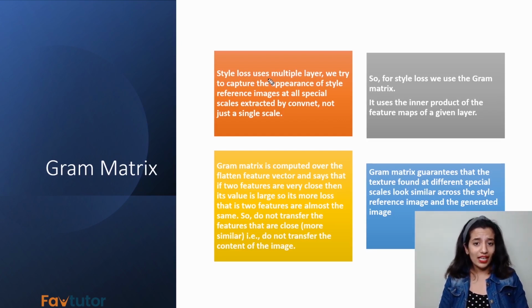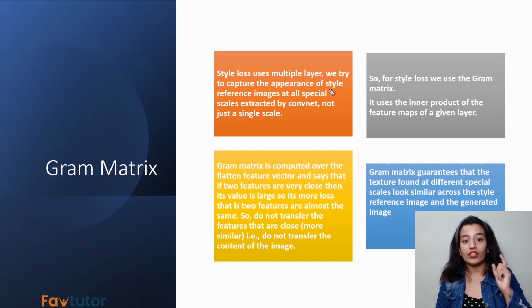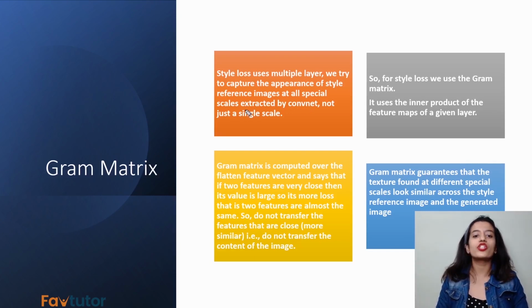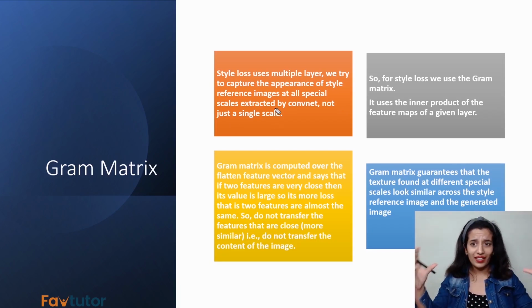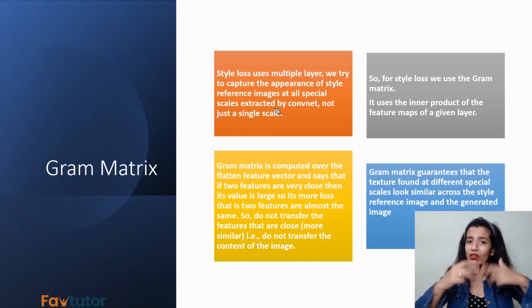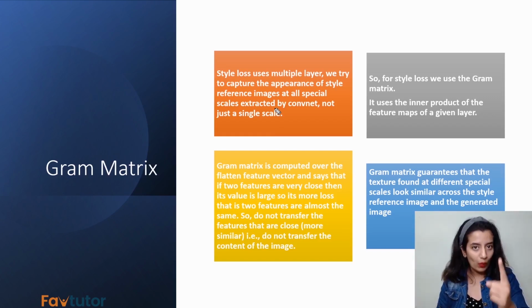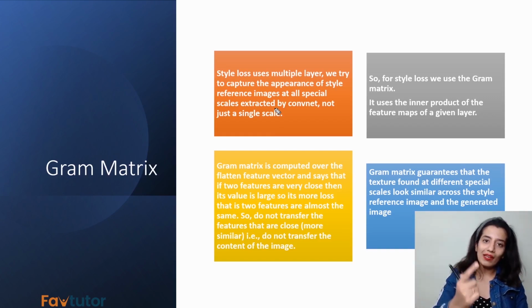The style loss uses multiple layers to capture the appearance of the style, which is very important, from the reference image at all the spatial scales extracted by the convolutional neural network, not just a single scale. You have to see the style at all the spatial scales, not in just one layer or one scale.